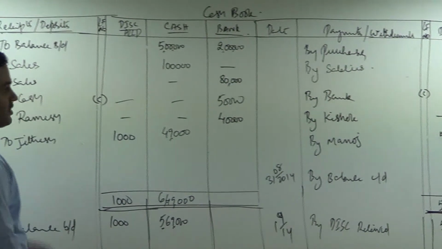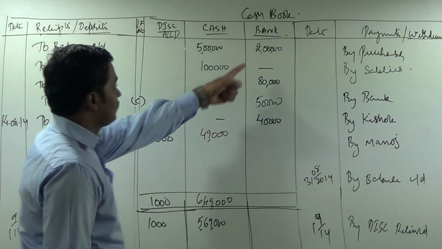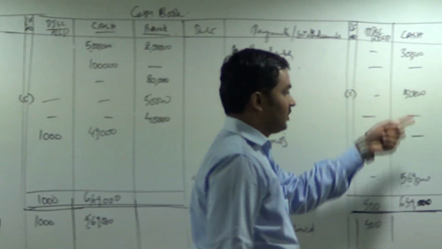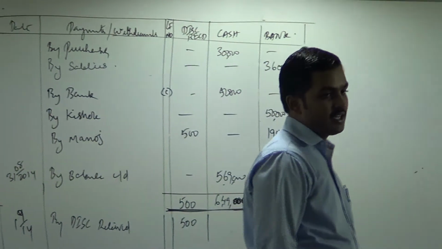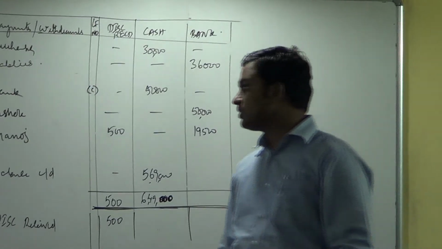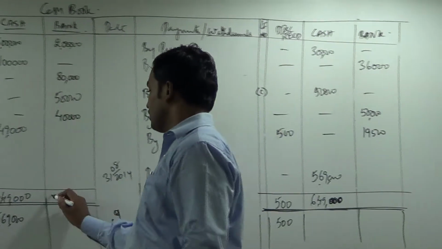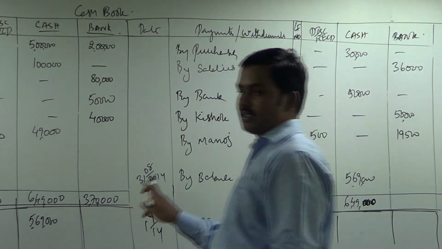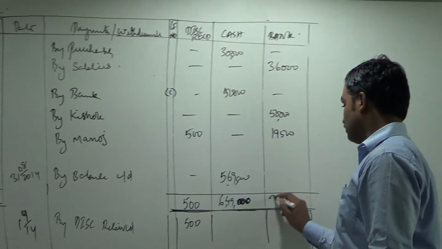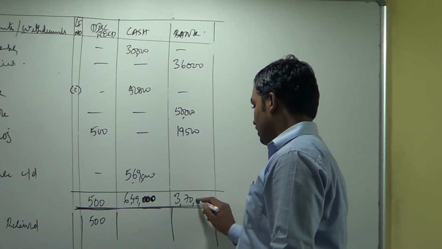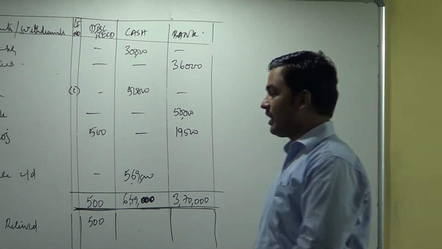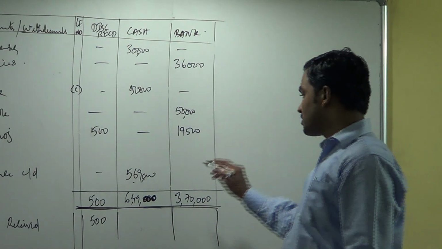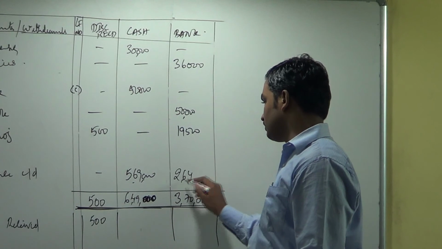Now bank, please check which side is higher. 70,000, 280, 330, 370. It's not equal to 370. So the receipt side is again higher. The deposit side is higher. So how much is it? 3 lakh 70,000. Write the same total here also. 3 lakh 70,000 minus these three items: 2 lakh 64,000, 500.